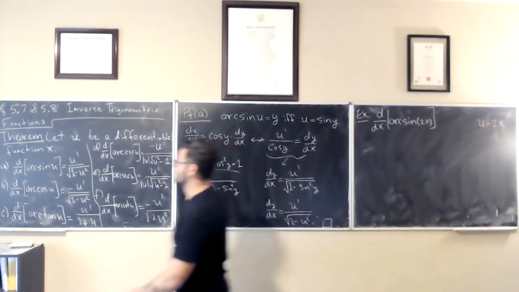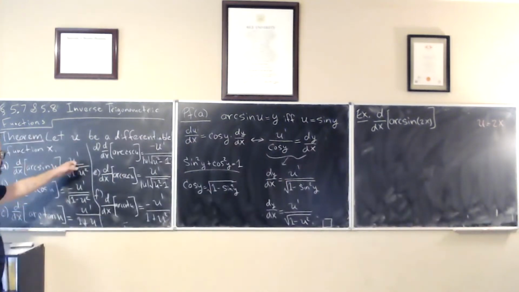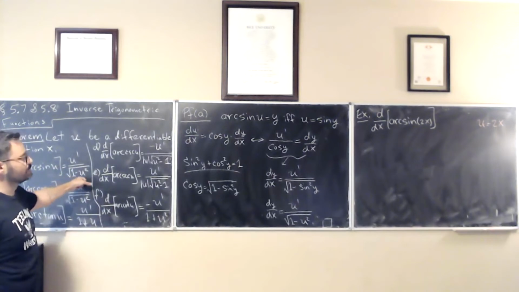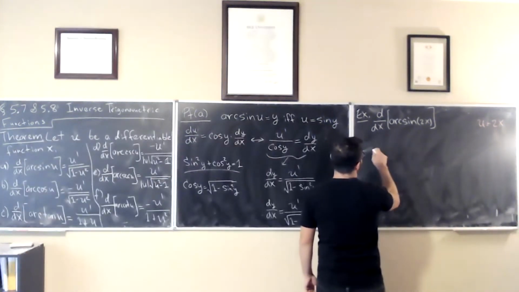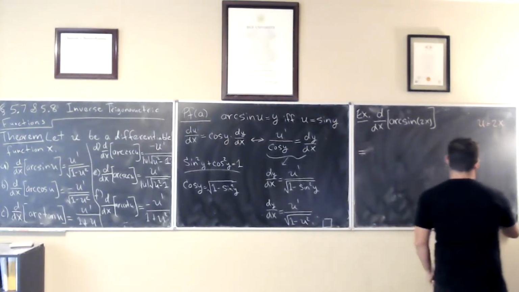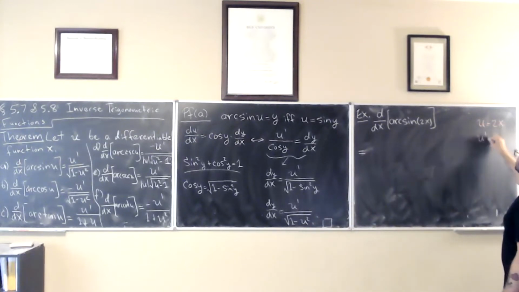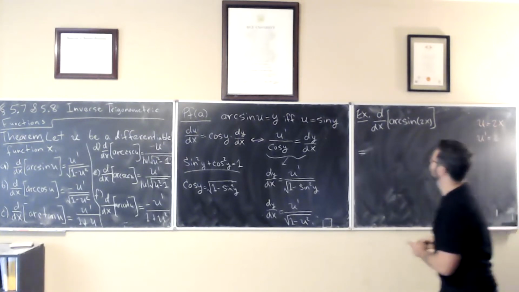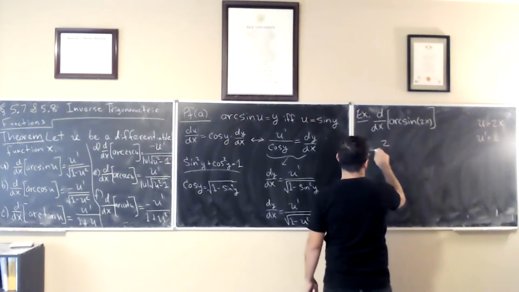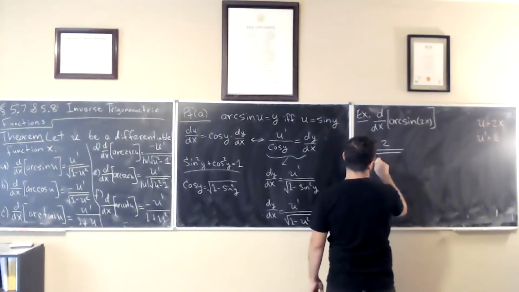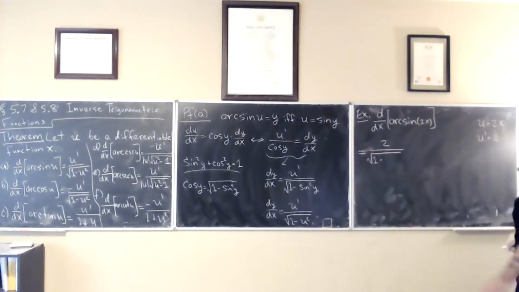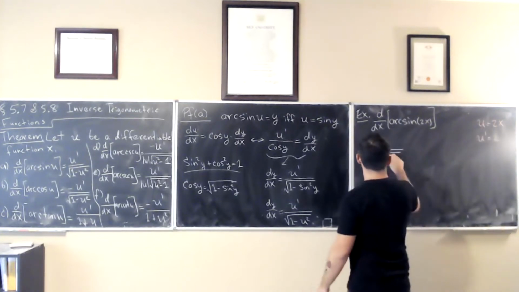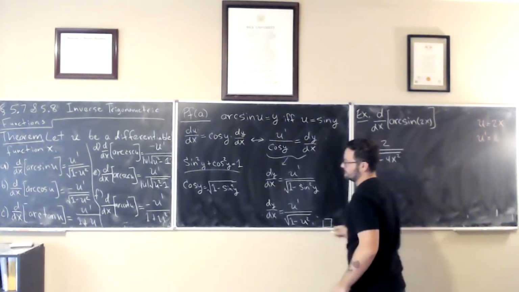When we're looking at the derivative of arc sine, this is going to be u prime over the square root of 1 minus u squared. So what is u prime? The derivative of u, which is 2. So 2 all over the square root of 1 minus u squared. So it's all of that squared, so it would be 4x squared.